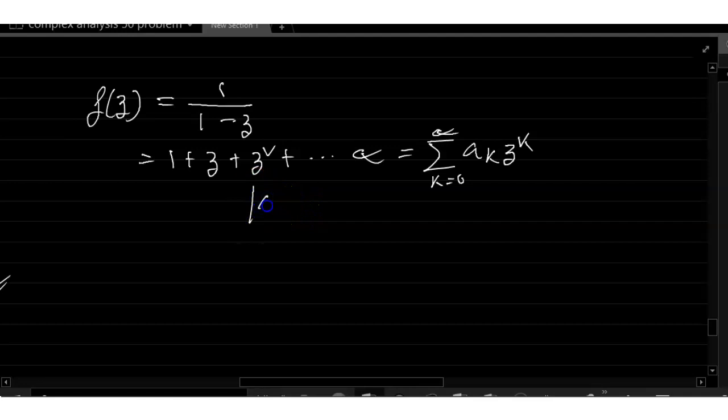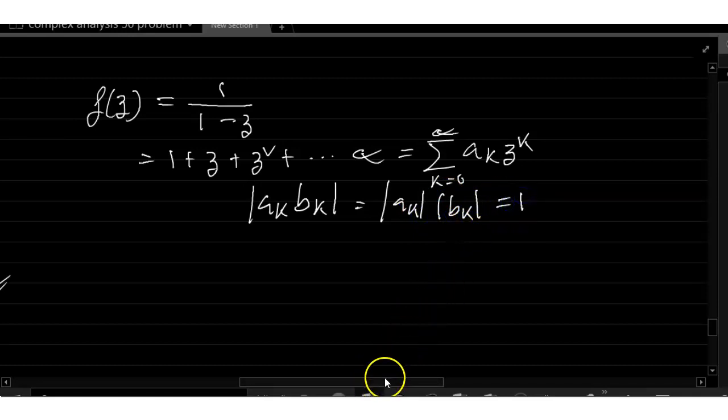Mod of ak and mod of bk equals mod of ak and mod of bk. So this is 1 into 1.